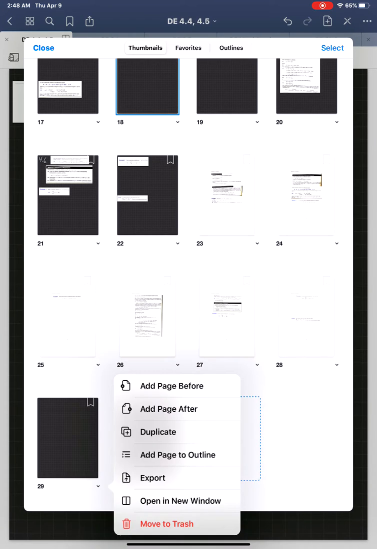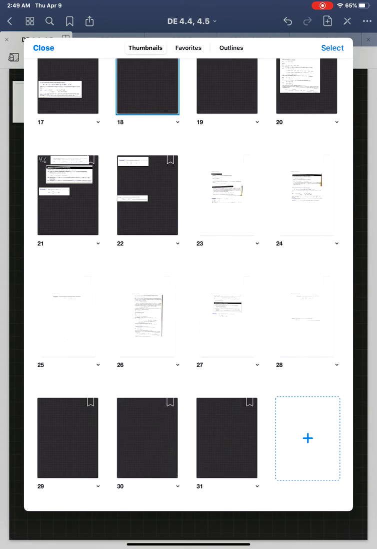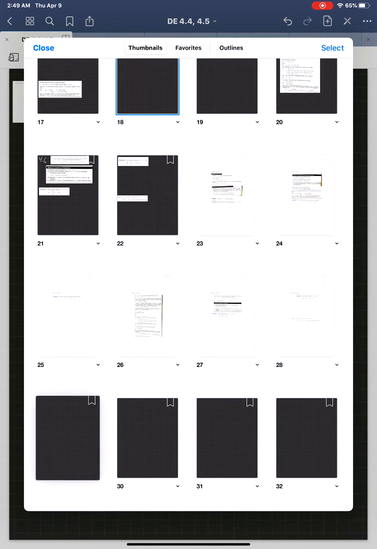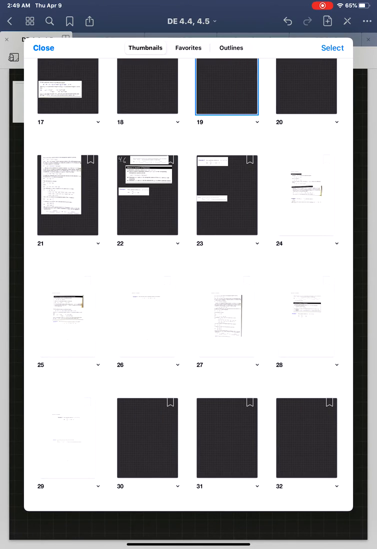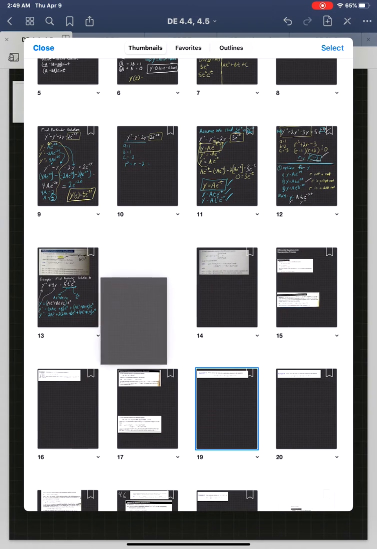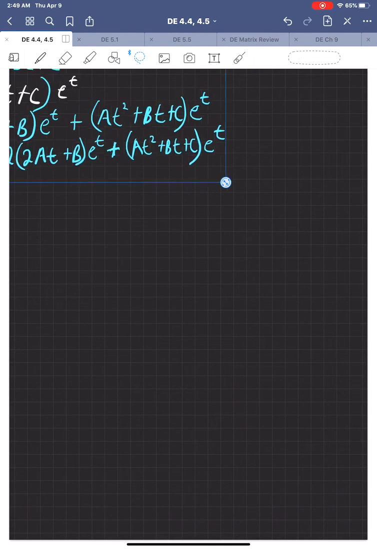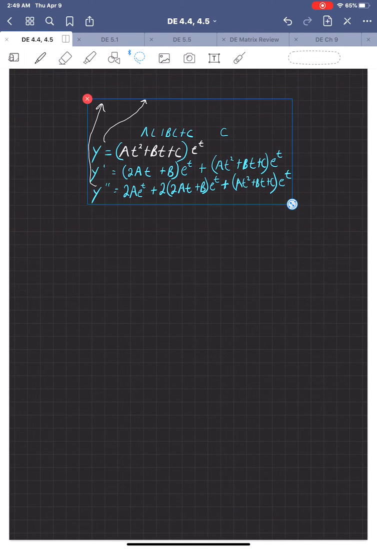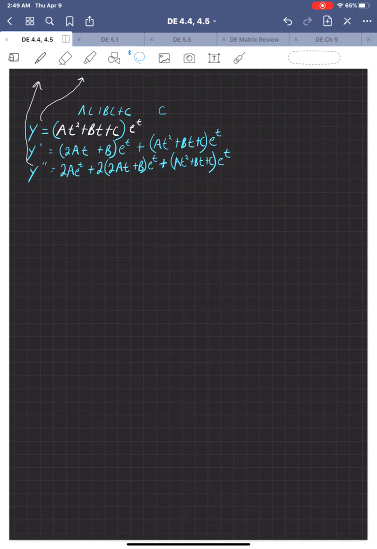Give myself some extras in case I need it. All right, so entertain yourself. Okay, let's go ahead and paste that right there. Minimize it. And now let me get rid of all this extra stuff that I didn't want to grab.